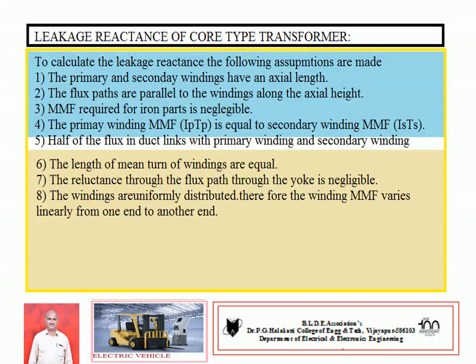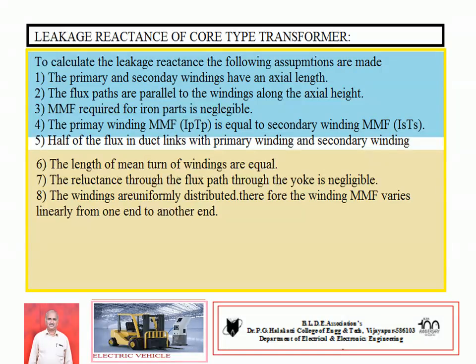This leakage flux will cause leakage reactance. This leakage reactance generally should be low for a good transformer. If leakage reactance is high, then a high heating effect is developed and the performance of the transformer also reduces. So leakage reactance should be as low as possible.